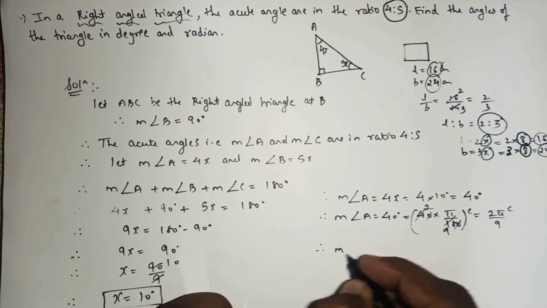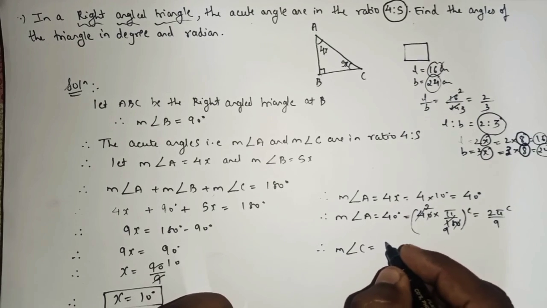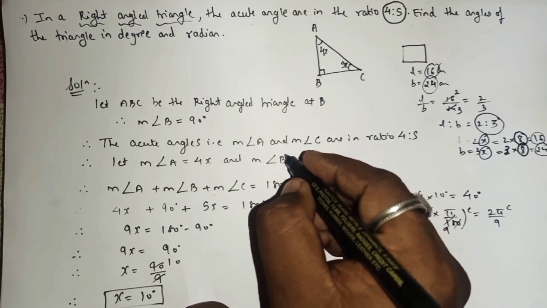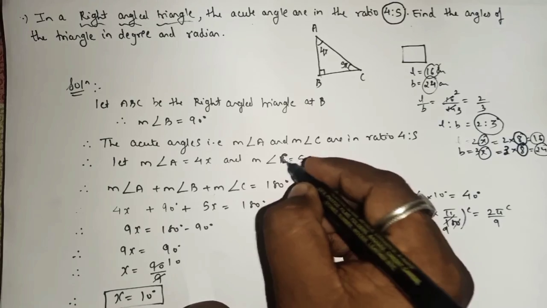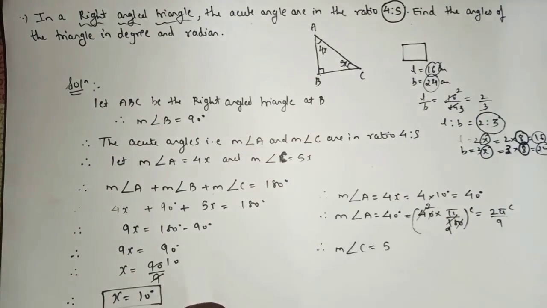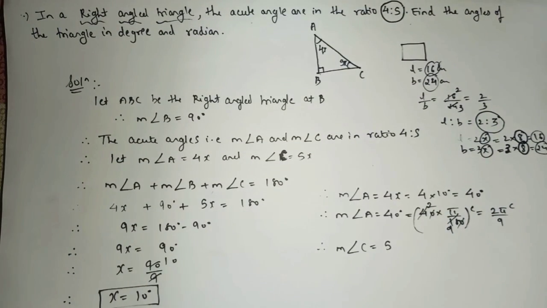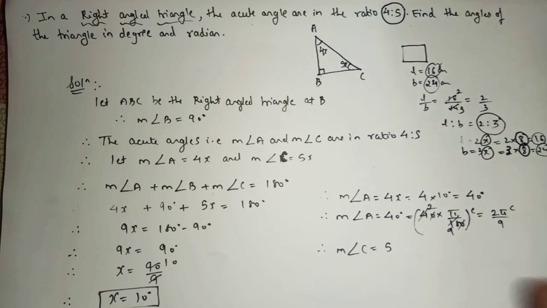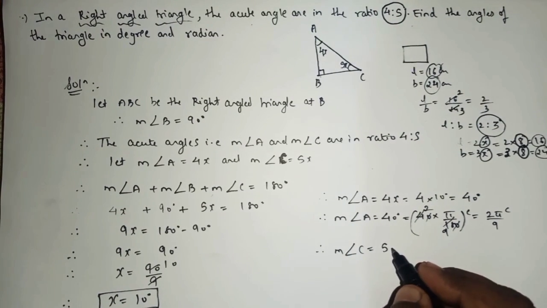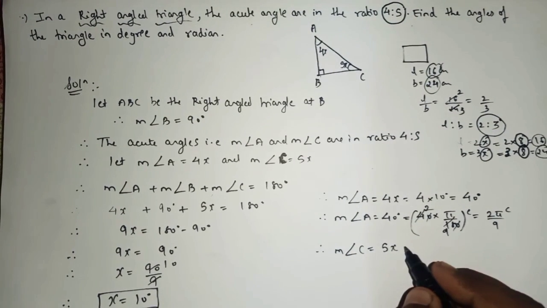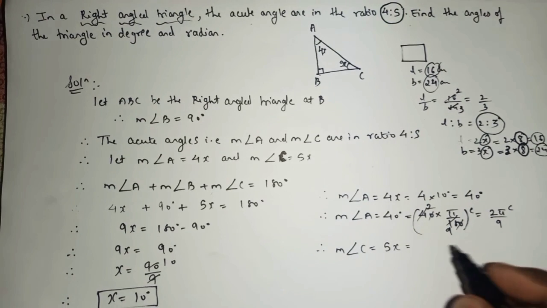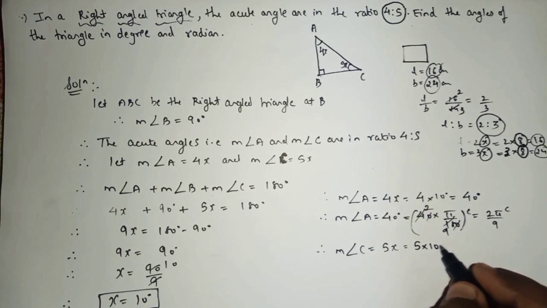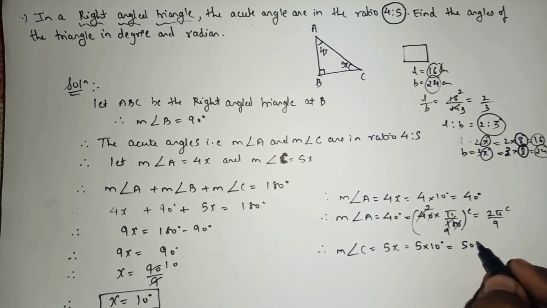Now we'll find the answer for C. Sorry, here actually it is C, and the measure of angle B is 90. Therefore the measure of angle C is 5x, so this will be 5 into 10, which is 50.